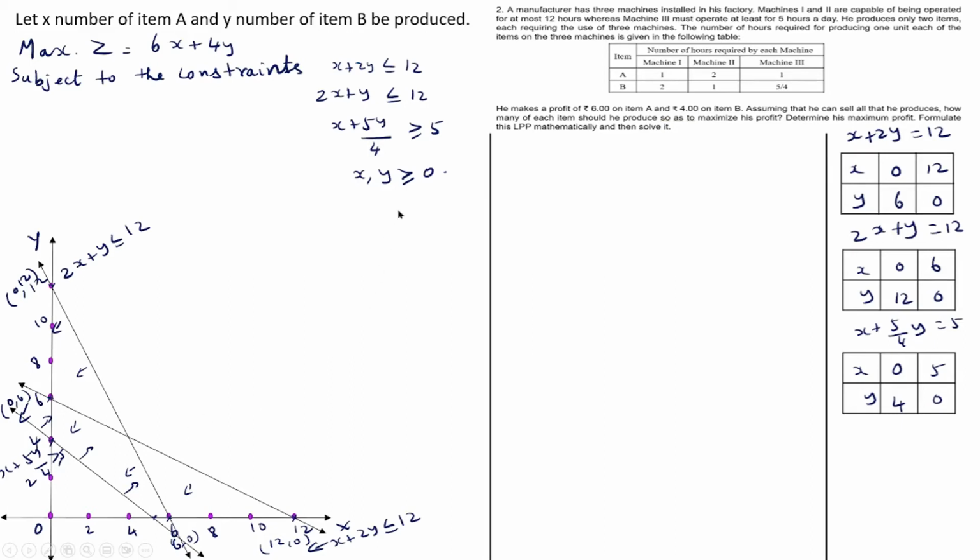Next we have the non-negative constraints, that is x ≥ 0 and y ≥ 0, which is the first quadrant. Now we have to find the region which is common to all these inequalities. That region is called the feasible region. The region which is common to all these inequalities is this part.